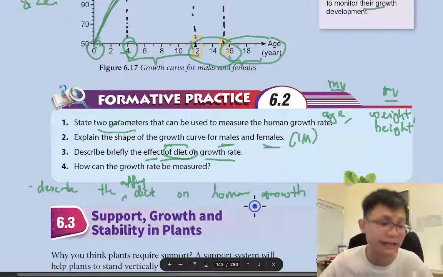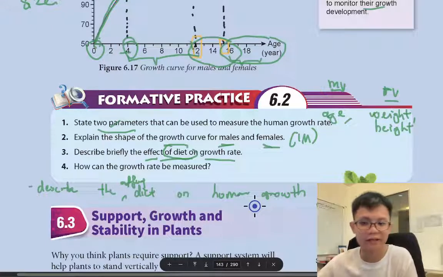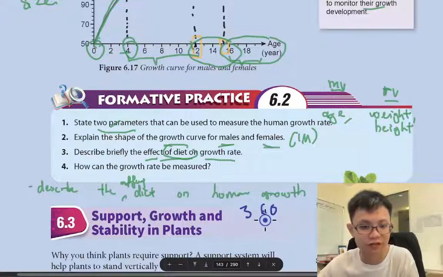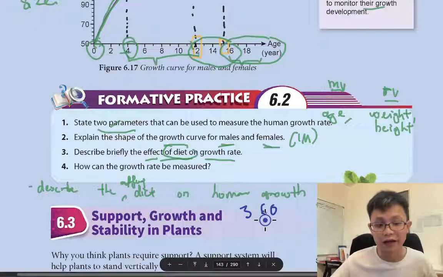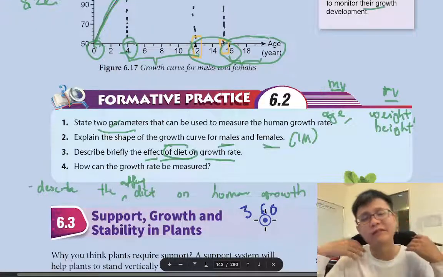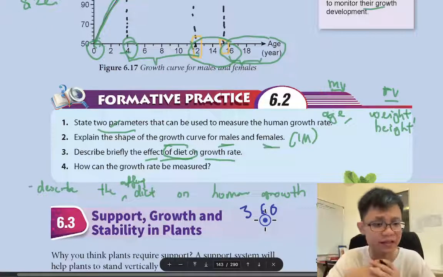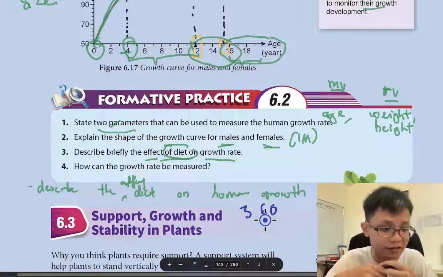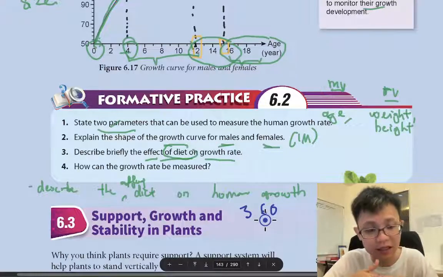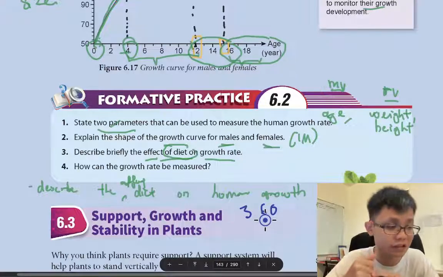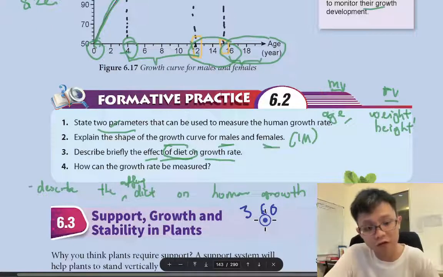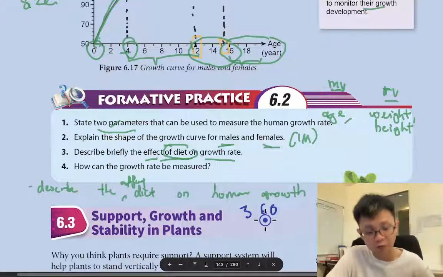So probably we say that, usually let's describe briefly. Many things we can write. We can write even 6360 words for the effect of diet on the growth rate. But probably we can understand the concept: if you eat things like protein or maybe calcium that help the growth of the body, the person can grow.